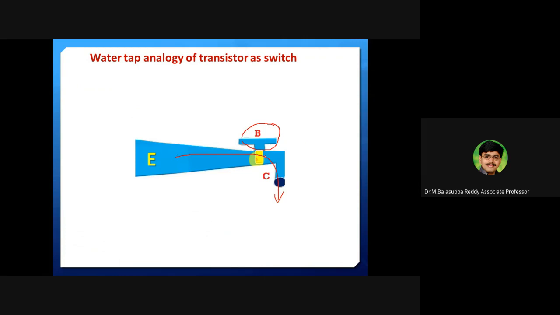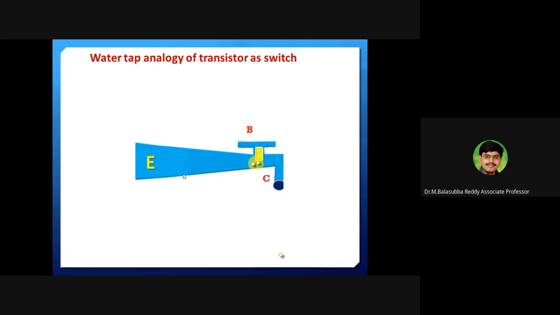Let it be just a water analogy. The water will flow like this. If we open completely, more water will flow, just like a tap. Here water is the current, nothing else, and voltage is the force on it.